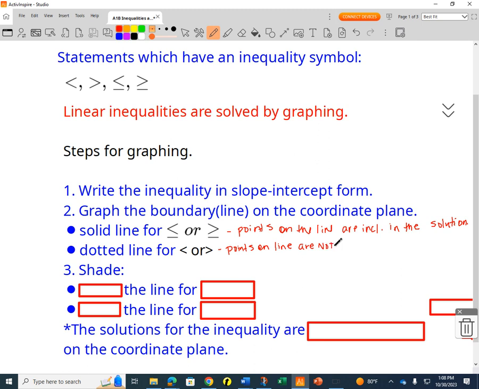They are not included in the solution. But remember, graphing that line or the boundary is only the beginning. The solution to an inequality is the points that are shaded. So we have to know which part to shade.